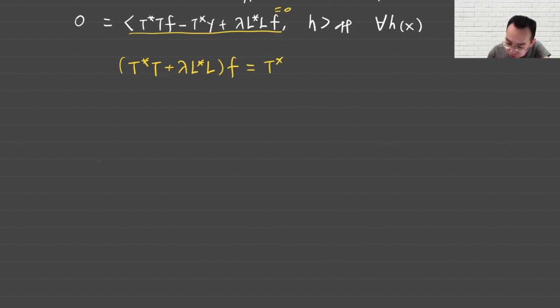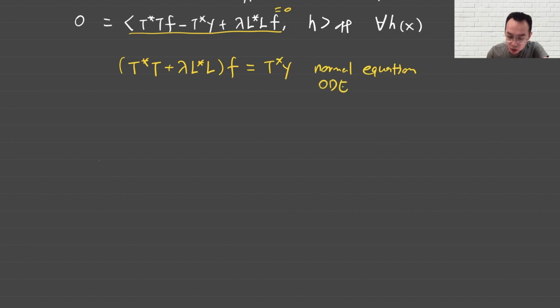This is a normal equation. And you see this equation actually resembles a lot like our ridge regression problem, which we will connect in a second. But the interesting thing is our operator is a derivative operator. So that means this normal equation is a differential equation, in fact. That is an ODE.